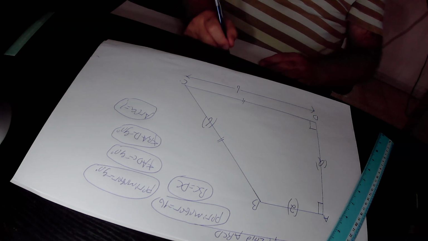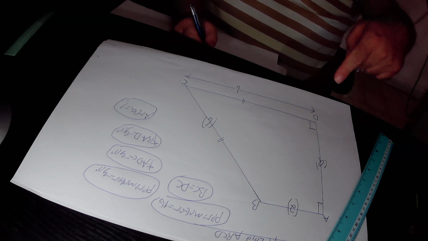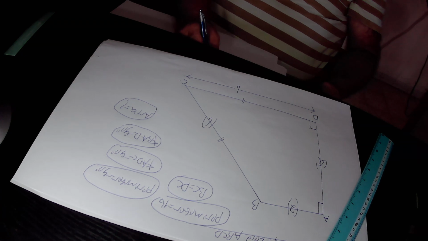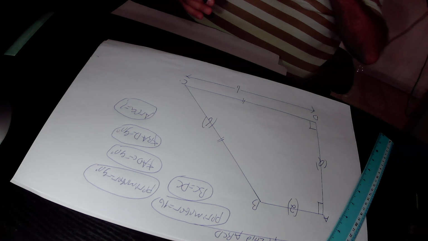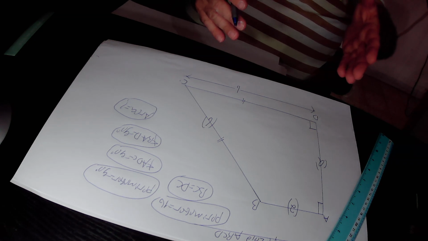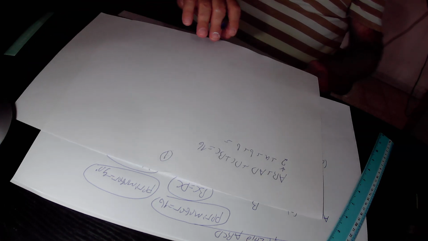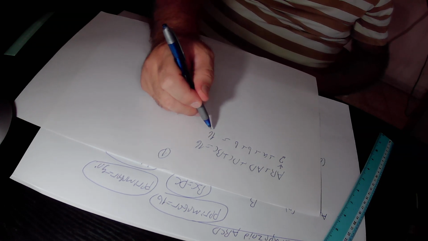BC is B according to our definition, plus DC is B and BC is also B, so it is B plus B. So in total, the sum of the lengths of all the sides of this trapezoid ABCD equals 16. That is to say 2 plus A plus 2B equals 16.